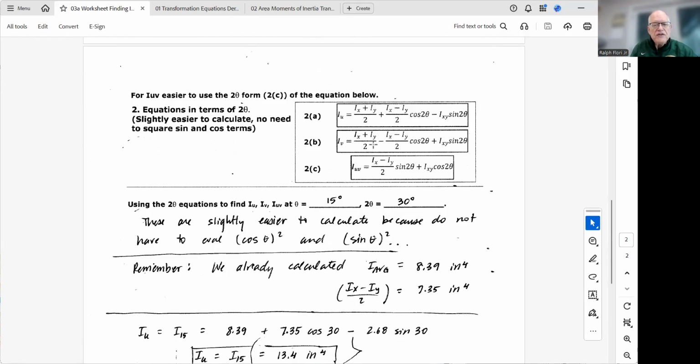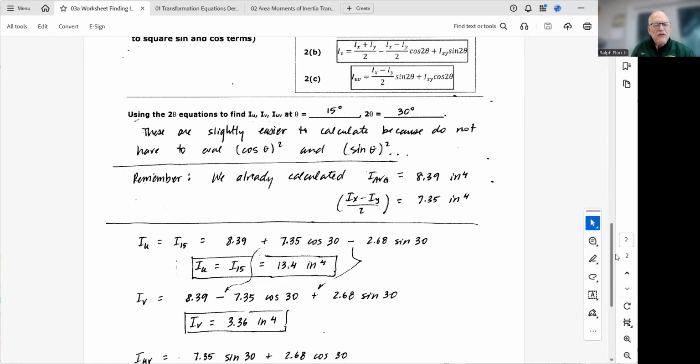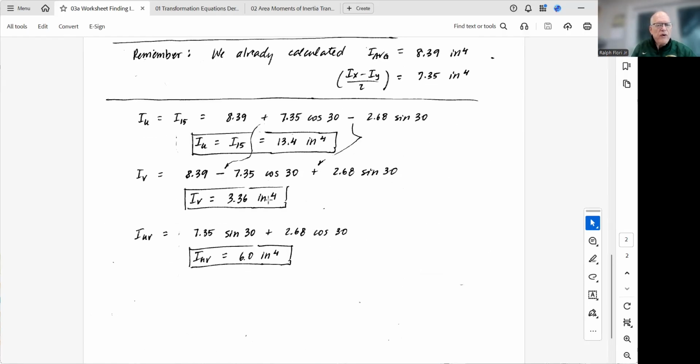Again, our I average is there, and our Ix minus Iy over 2 is there. The signs flip here and here. Otherwise, the equations are very similar. At V, we got 3.36, which is what we got before. And finally, our product of inertia in that 15 degree coordinate system is 6, like we got earlier.